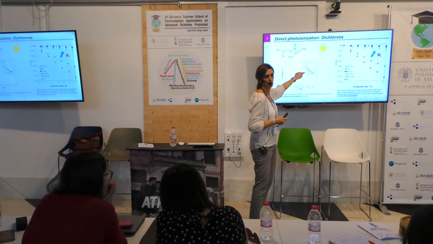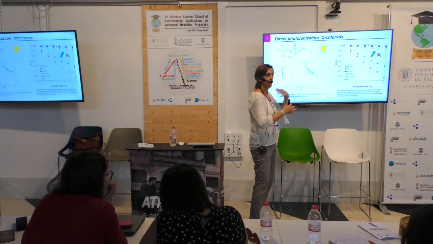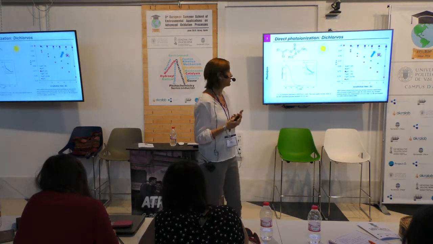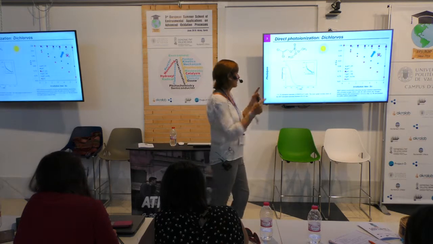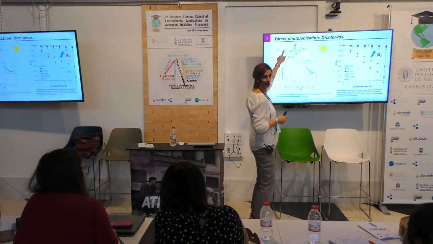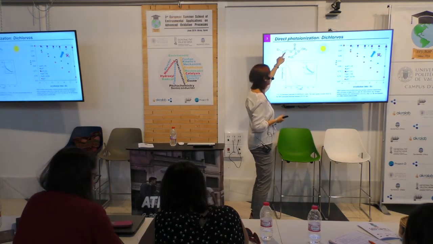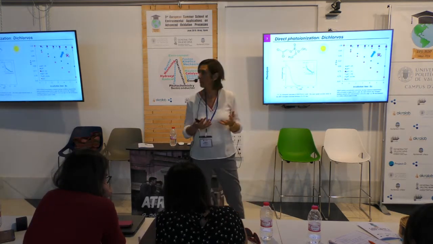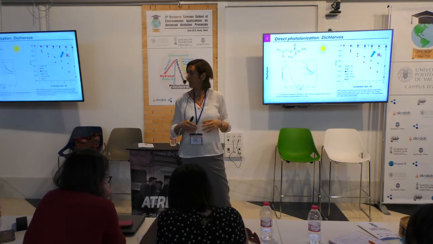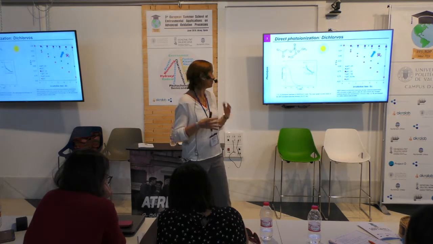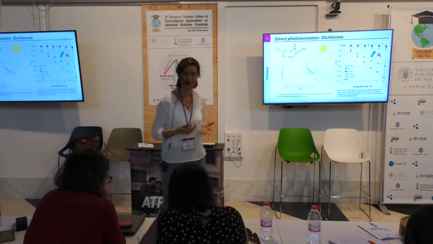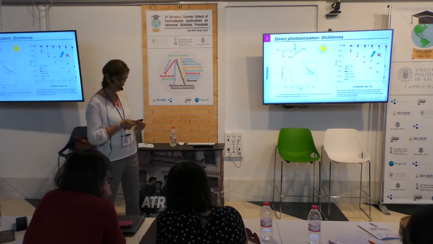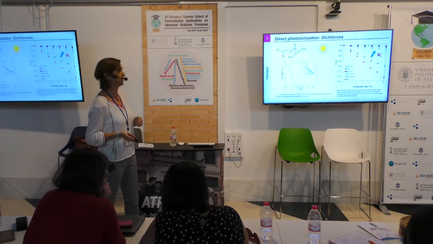But you still have absorption, and this is enough for initiating radical reactions. You are generating radicals that can react with the pollutant, but if you have other compounds or natural compounds in the media, you can have these side reactions because of ROS, reactive oxygen species.